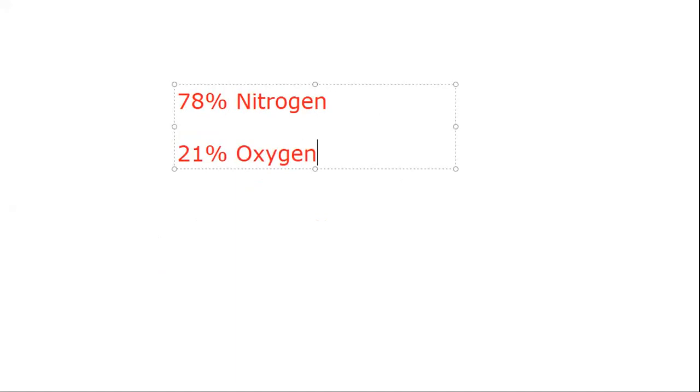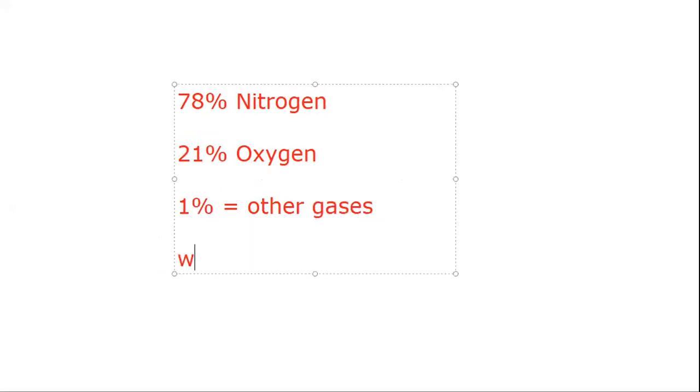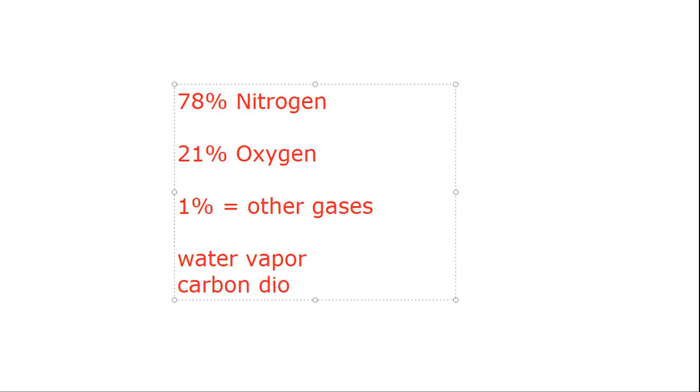The remaining 1% is made up of other gases, including water vapor, carbon dioxide, and methane. This is the natural distribution of gases. These gases, water, carbon dioxide, and methane, are found naturally in the atmosphere, but as you see, they are less than 1%.